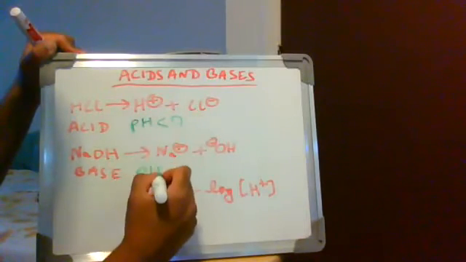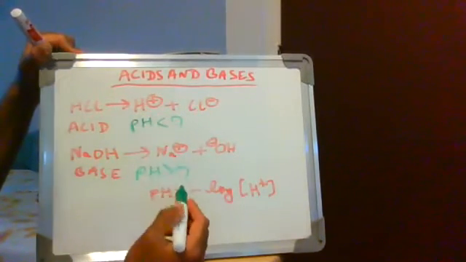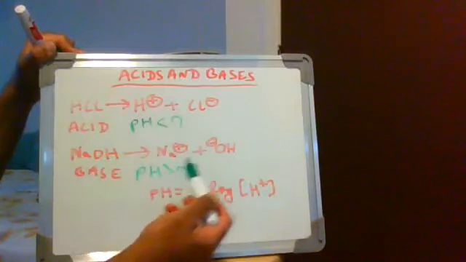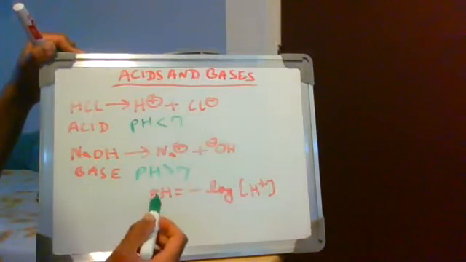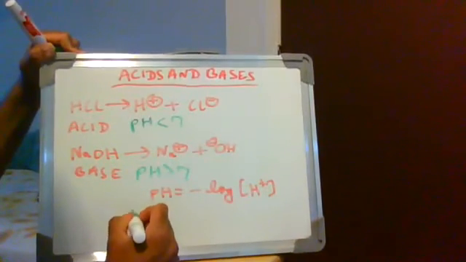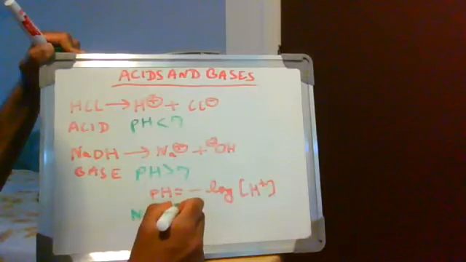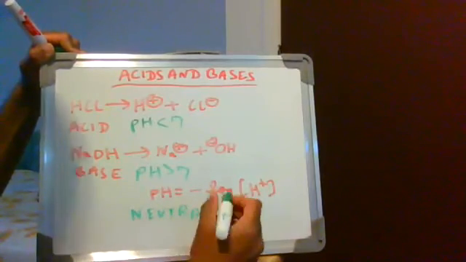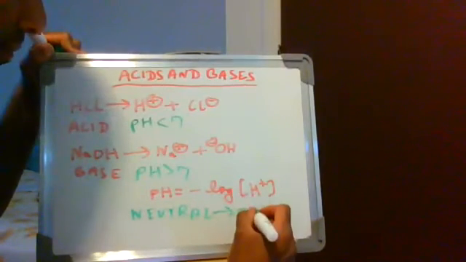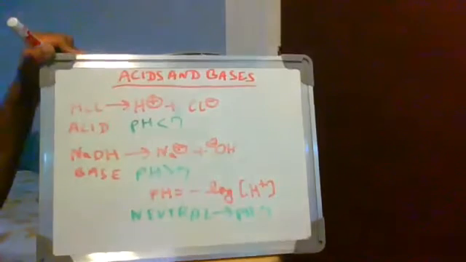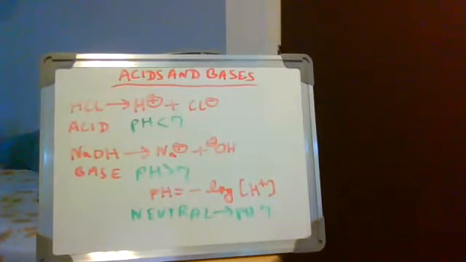For a base, the pH is greater than 7. So 0 to 7 for acid, 7 to 14 for base, and neutral is defined at pH 7. So this is what we studied in last class.